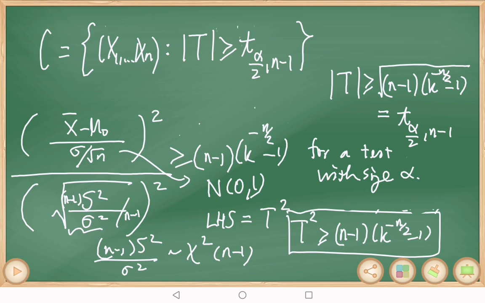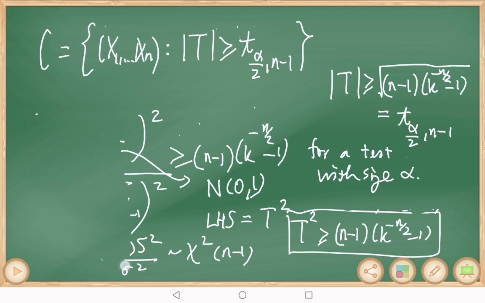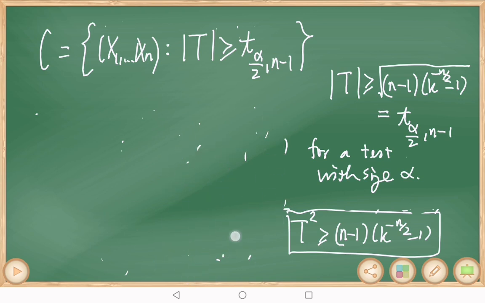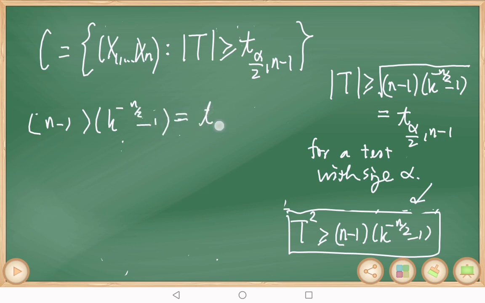So if you want to work out what the value of k is, that only requires a little bit of algebra. So let's try it. So we take this part here. So we have n minus 1, k minus n over 2 minus 1 is equal to the t critical value squared.